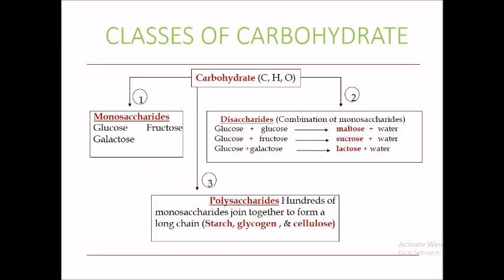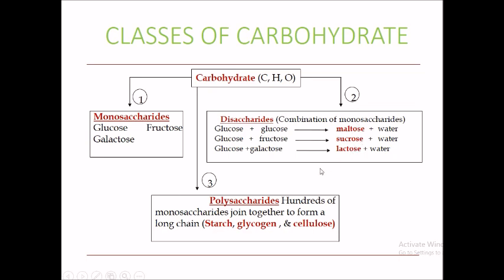And there are three classes of carbohydrates. The first one is the monosaccharides, which are the monomers of the carbohydrate molecules. Examples of monosaccharides are glucose, fructose, and galactose. The second class of carbohydrates are disaccharides, where a disaccharide is a combination of two monosaccharide monomers. Examples of disaccharides are maltose, sucrose, and lactose.